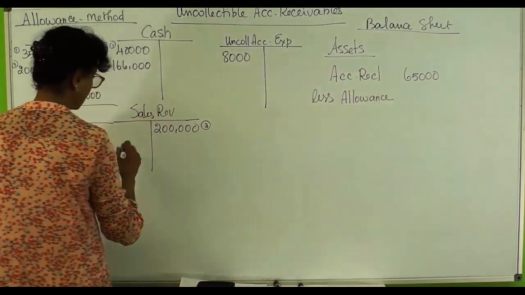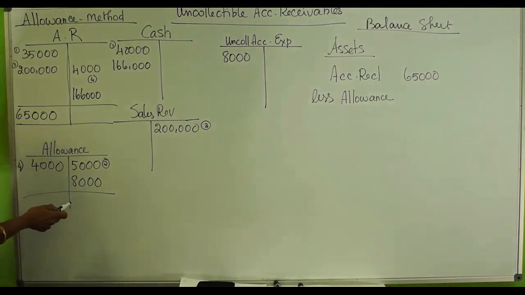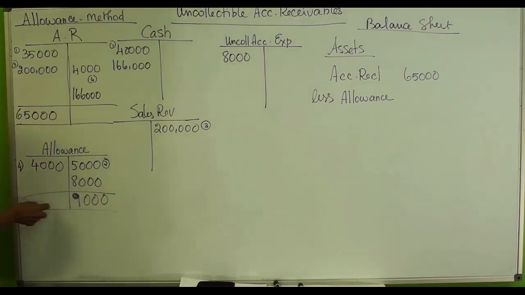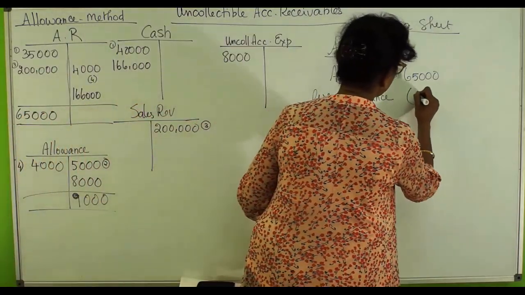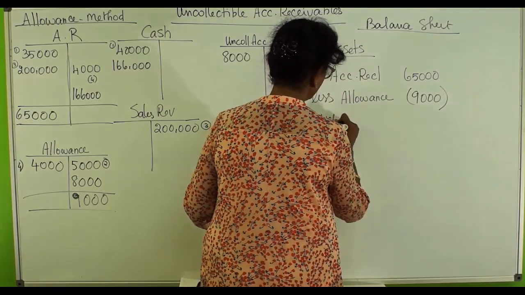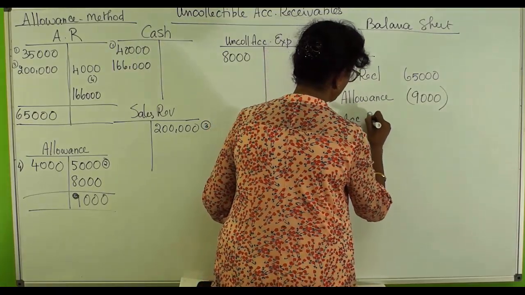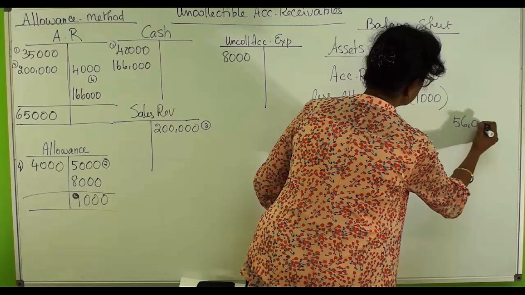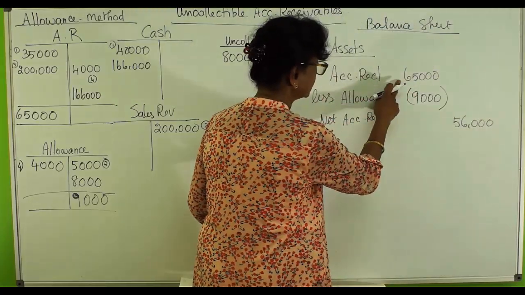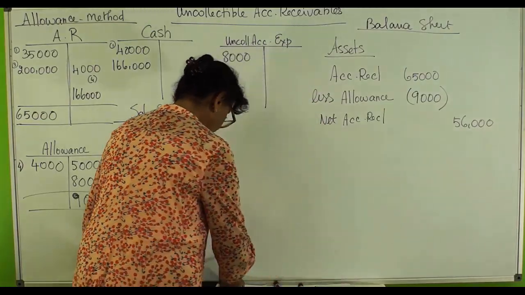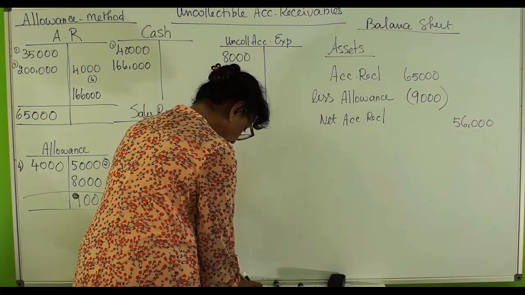Your allowance balance is $9,000, so you bring the $9,000 over here. That equals your net accounts receivable, $56,000. 65,000 minus 9,000 is 56,000. So this is what the allowance method is.